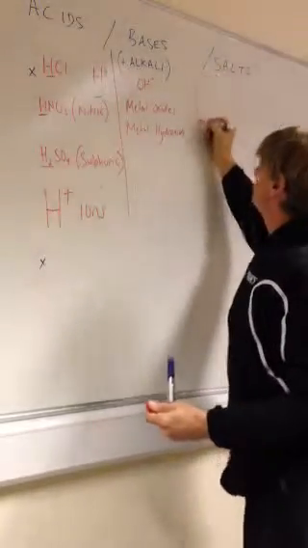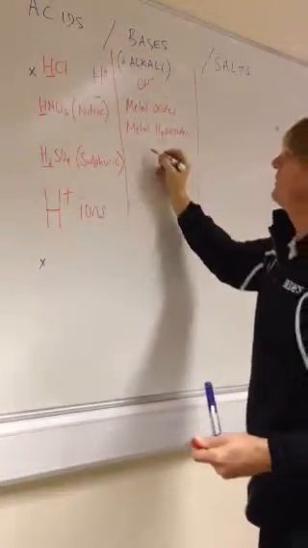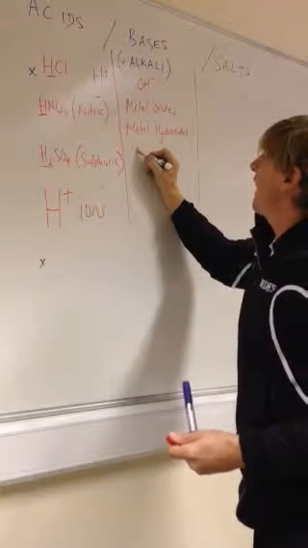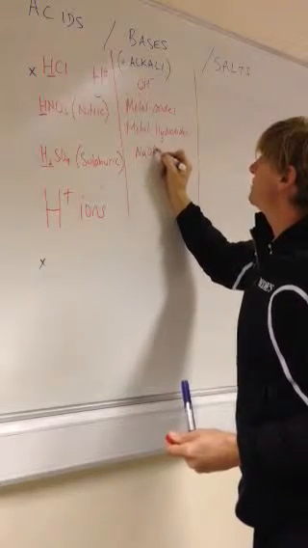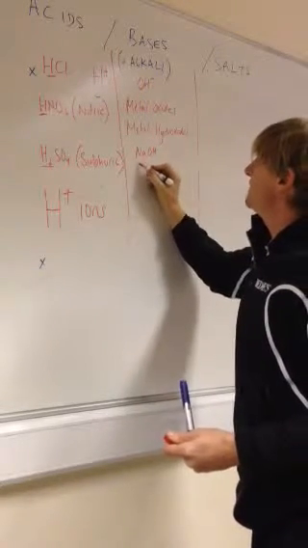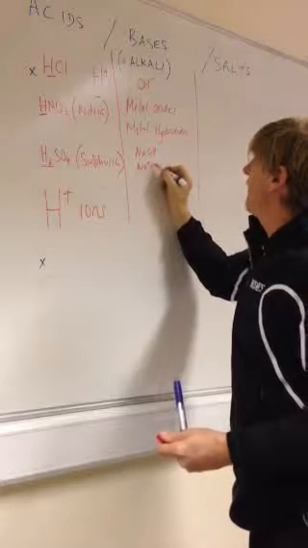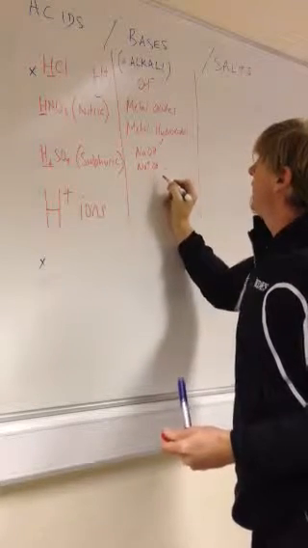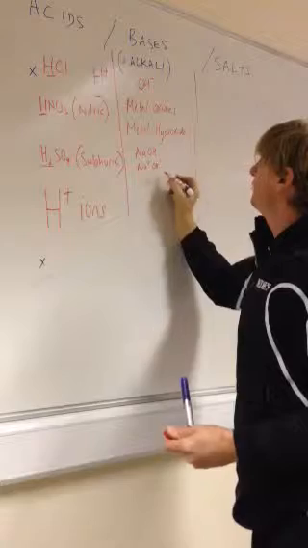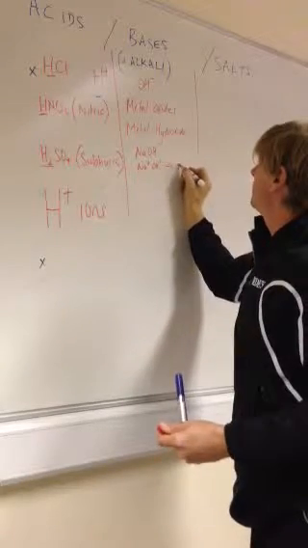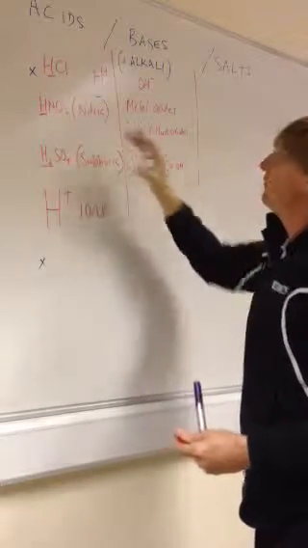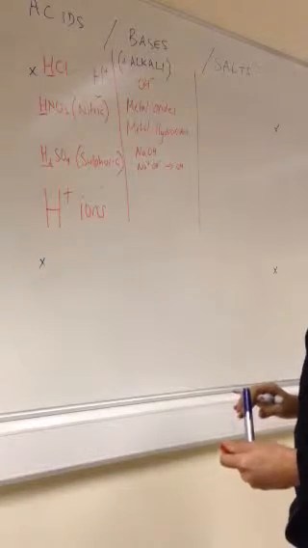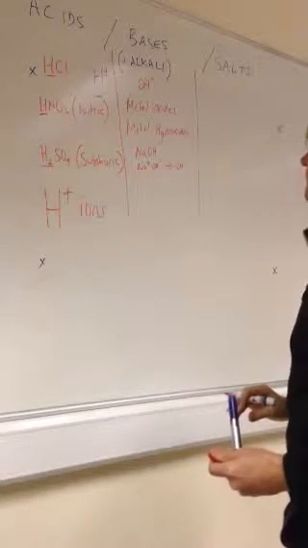And those are capable, so let's have an example as NaOH. NaOH is an Na plus and an OH minus, and when added to water can donate the OH minus ion in a similar way that this acid can donate the H plus.